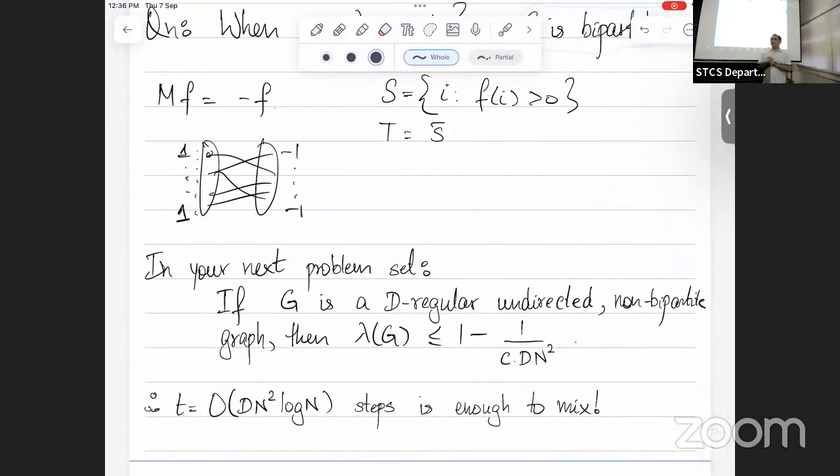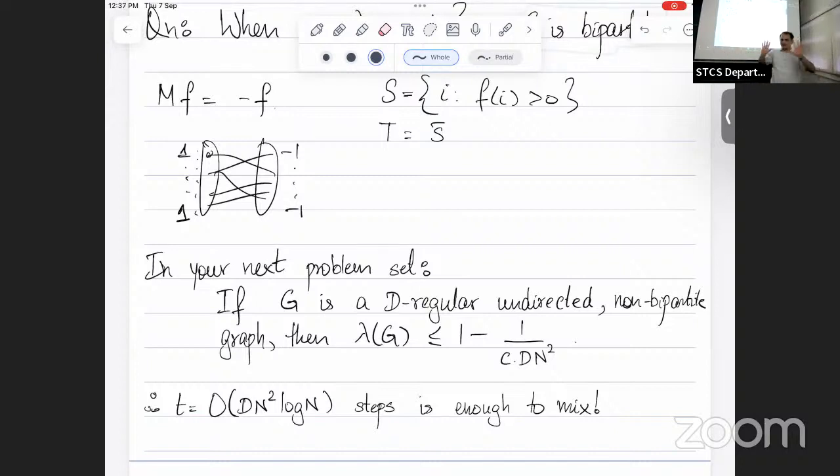Okay. So one of the problems in your next problem set is the following. If you have an undirected graph that is d-regular, connected, and not bipartite, these are the two bad situations when either lambda2 or lambda n end up at 1 or -1, respectively.